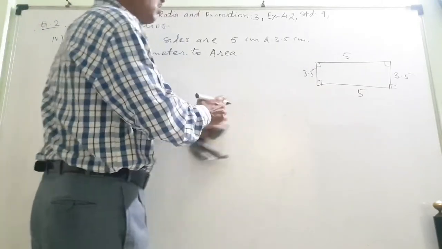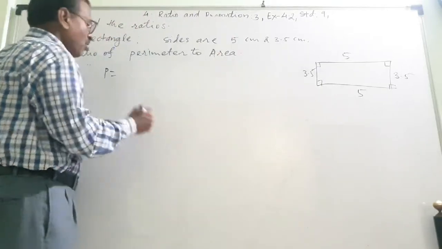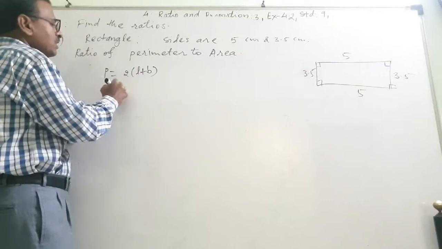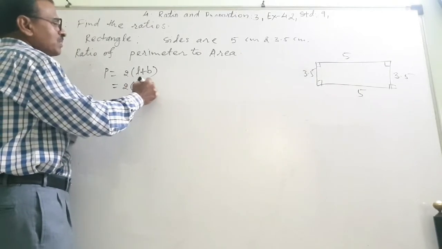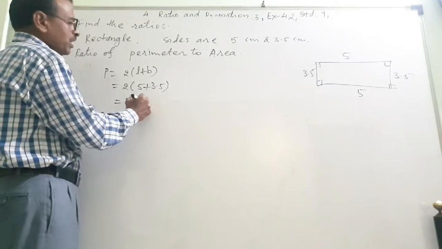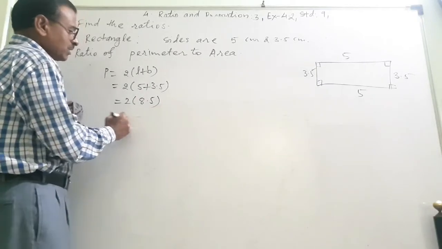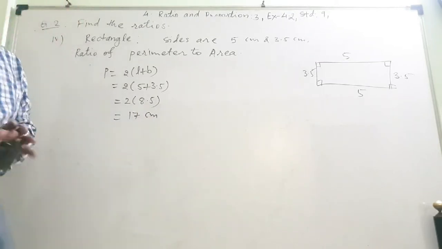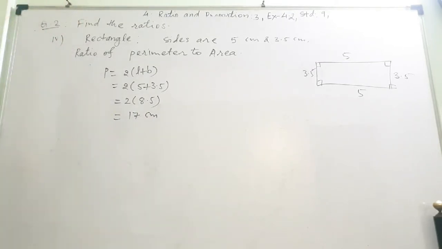If you don't know, go on adding. P is equal to 2 into L plus B. That is equal to 2 into length is 5 plus breadth is 3.5. That is equal to 2 into 8.5. That is equal to 17 cm. This is the perimeter.